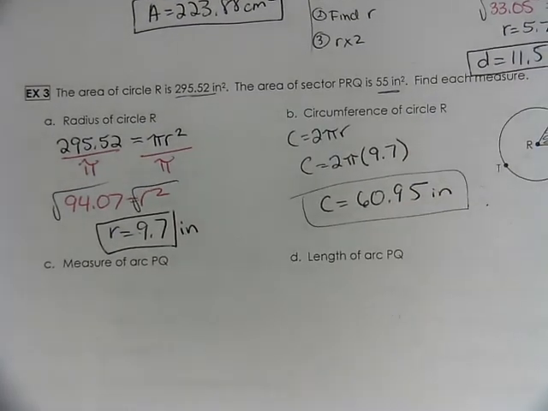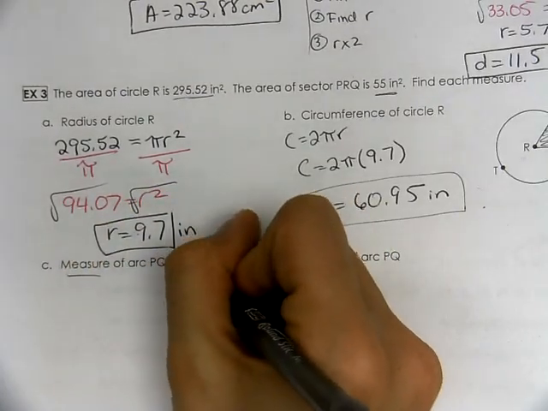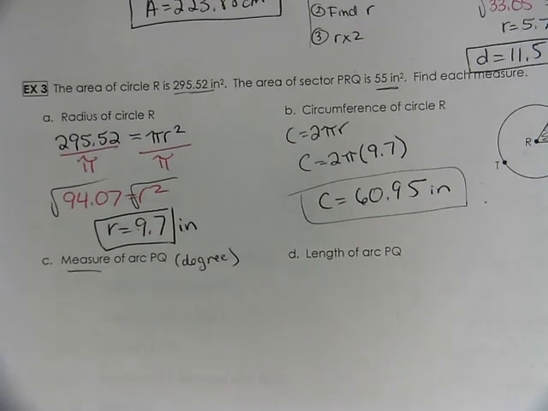Okay, for C, it says find the measure of arc PQ. Remember, when I ask for measure, that means find the degree. So we either have to use this one that we learned yesterday. We know the circumference, but we don't know the arc length. Or we got to use the proportion we learned today.